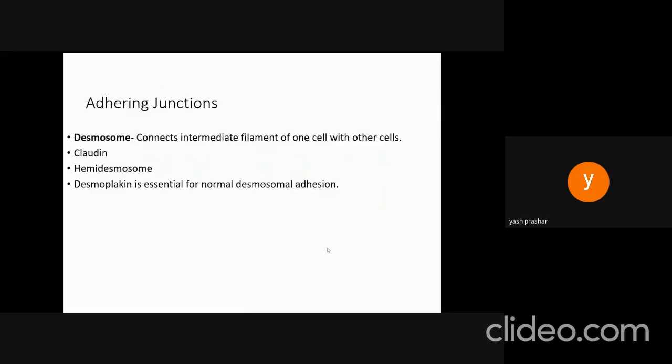Now we have the adhering junctions. Basically, we have the example of desmosomes. Apart from that, these adhering junctions contain two distinct kinds of proteins.